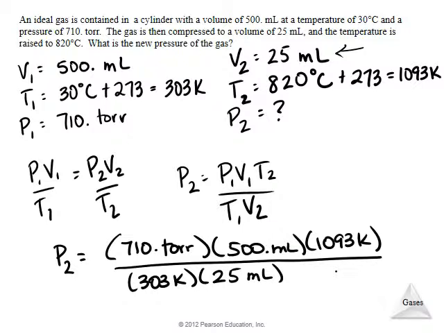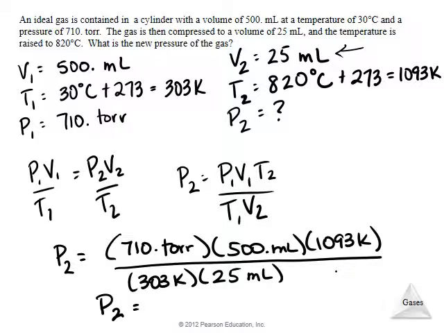That's 2 significant figures, so our answer has to be 2 significant figures. So 710 times 500 times 1093 divided by 303 and divided by 25. And I get 51,223. That is really gigantic.